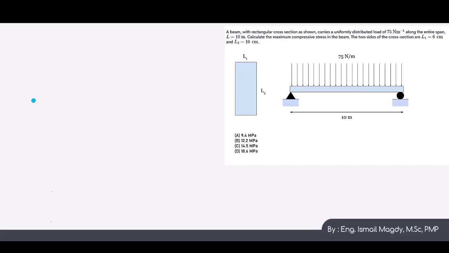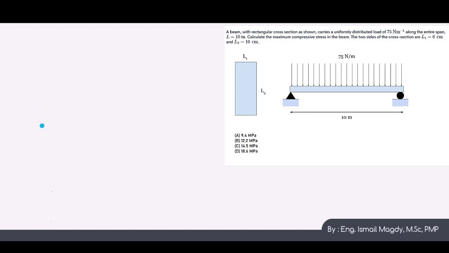So let's check this example. We have this beam here, simply supported with length of 10 meter, and we have uniform distributed load of 75 Newton per meter. We have the dimension of the section, L1 of 6 cm and L2 of 10 cm, as we can see here, and we want to calculate the maximum compressive stress in the beam.